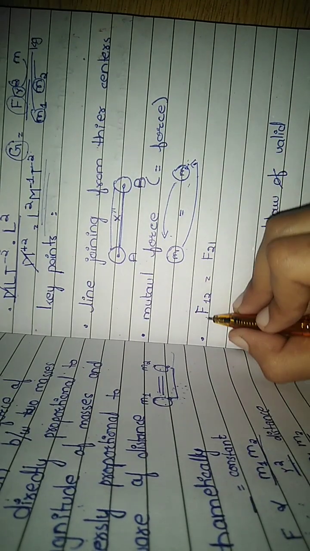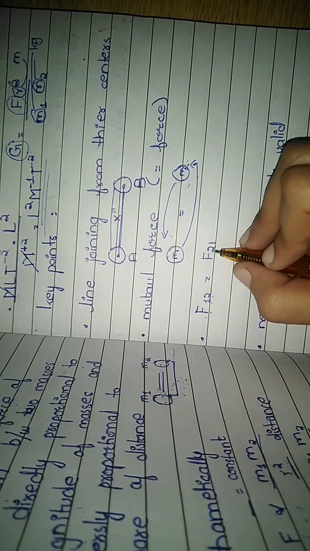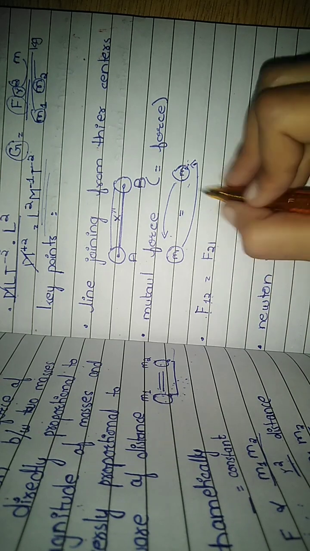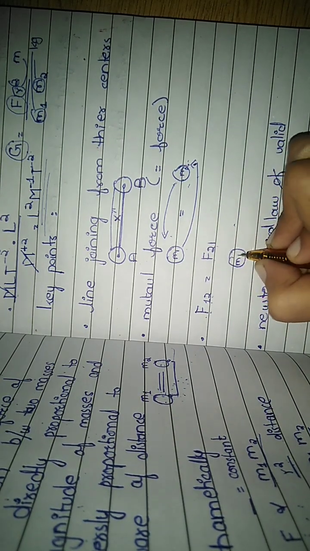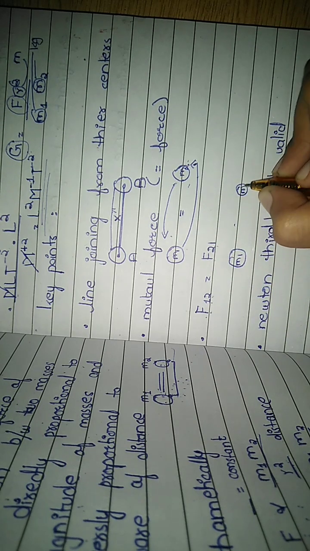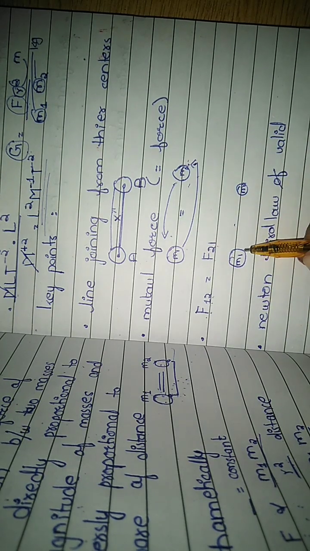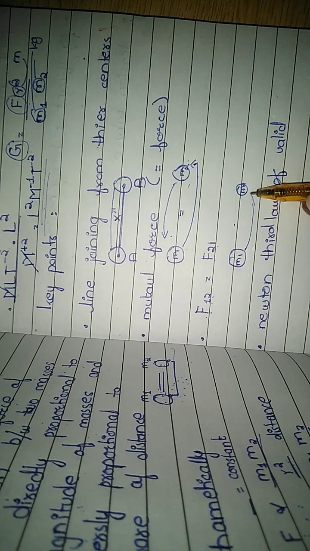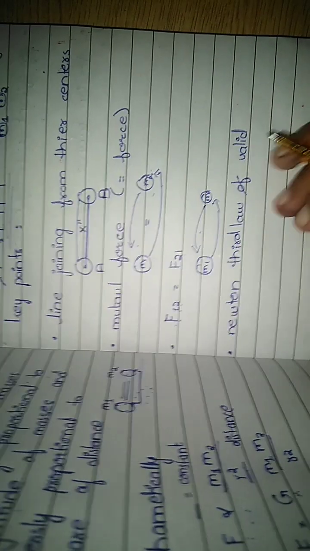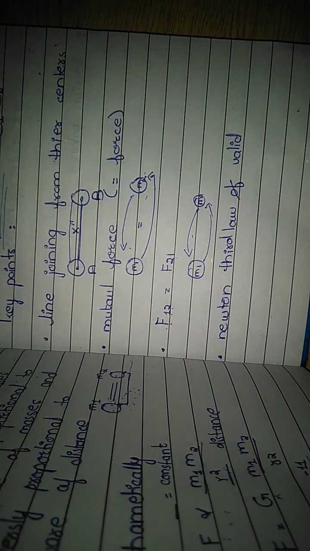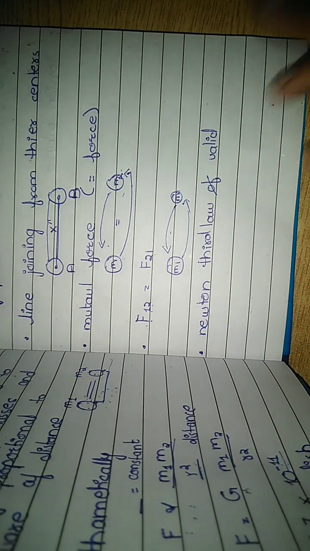Now the third point is F12 is equal to F21. The force that M1 applies to M2 will be equal to the force of M2 applying to M1. Now, what's the concept of Newton's third law in it?